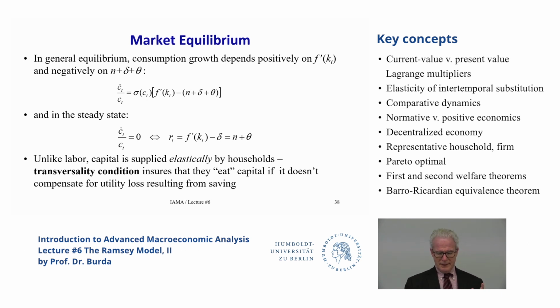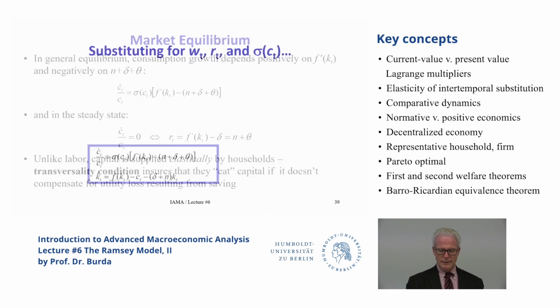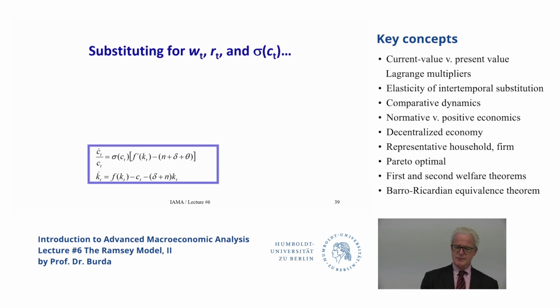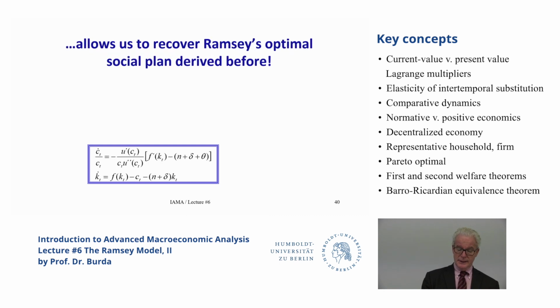So we have the same type of condition that we had before. And if we impose that, we're going to get precisely the conditions that Ramsey's analysis isolated at the beginning of the lecture today and the lecture last time. Okay, so just substituting for these objects gives us back what we had before.